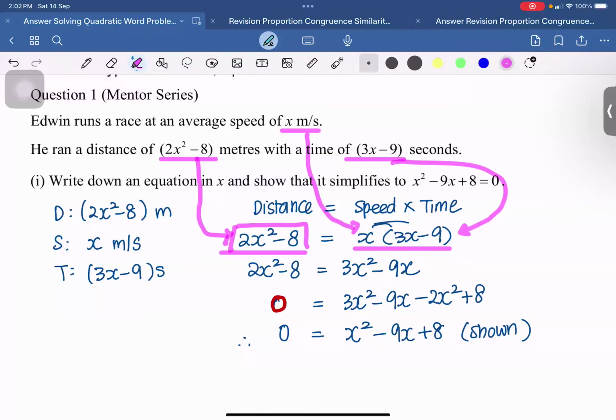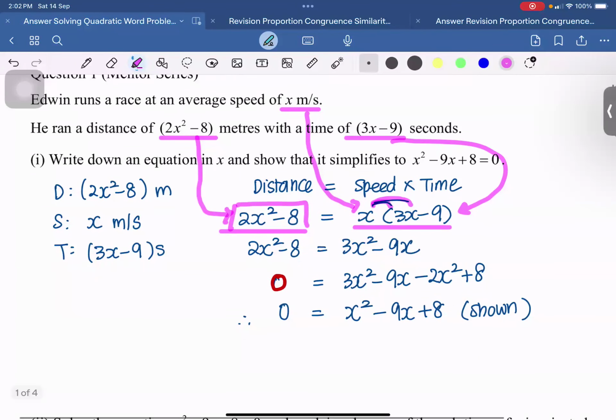Next, we need to expand and simplify. We expand out and get 3x squared minus 9x. Now our objective is to make the equation equal to 0, so we need to switch one of the sides. We'll keep this as 0 and shift the 2x squared over. Why?